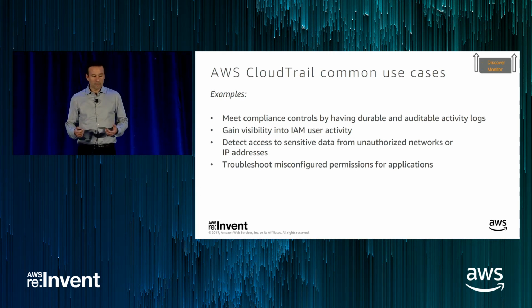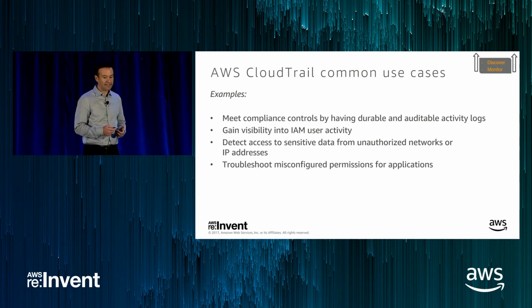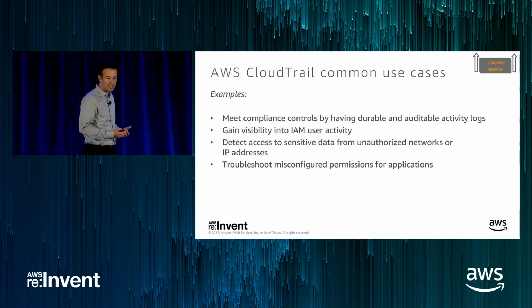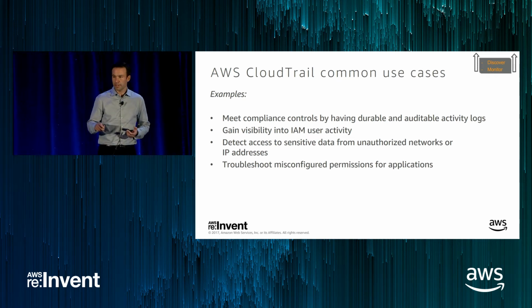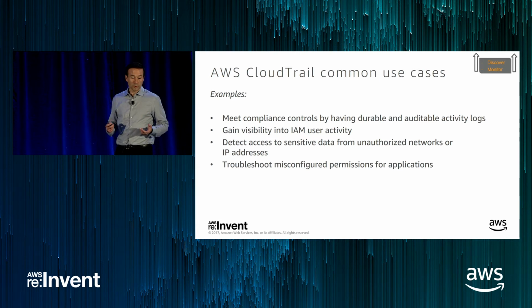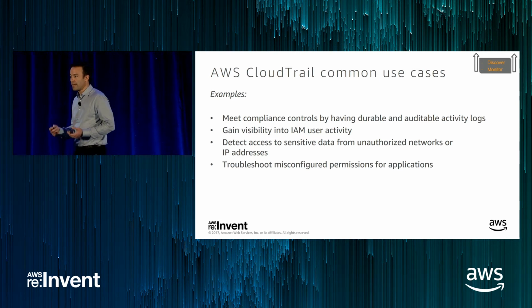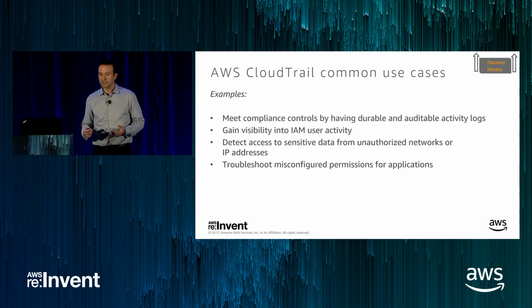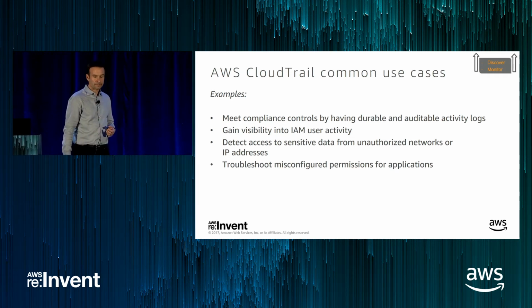So security best practices: it can help you detect access to sensitive data from unauthorized networks or IP blocks, and we'll actually look at a little bit about that. It helps with troubleshooting, such as misconfigured permissions. If you start to see a lot of failures in your CloudTrail logs, you know you probably have a misconfigured policy somewhere.